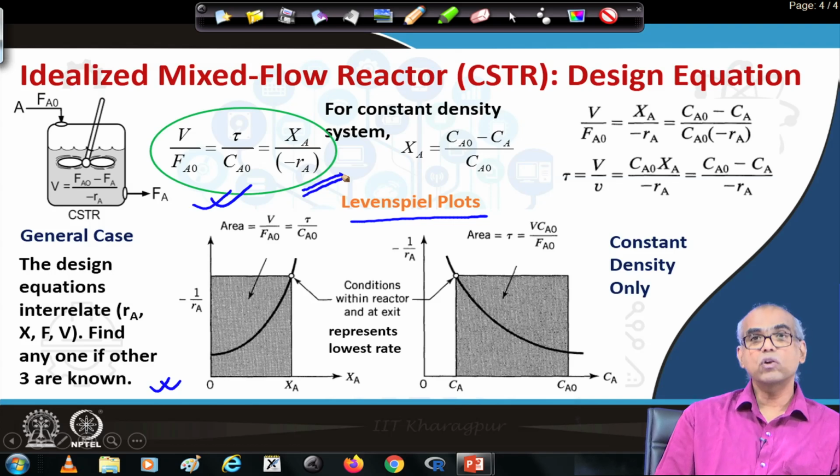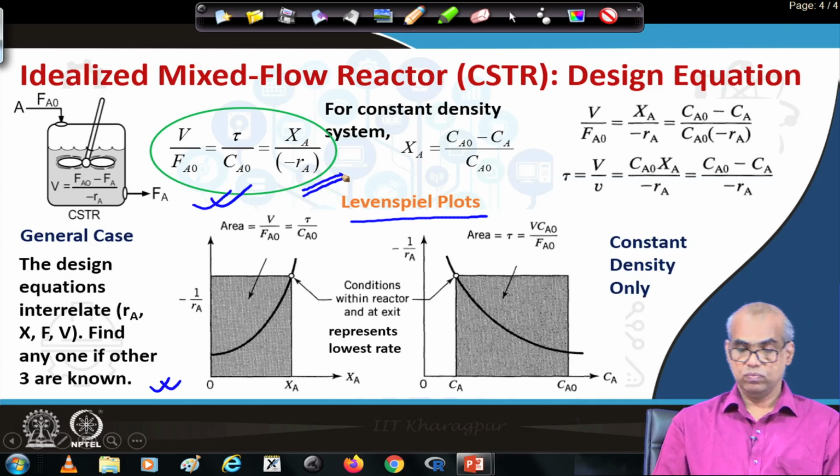The shaded area is equal to V by Fa0, or same as the residence time tau by Ca0.